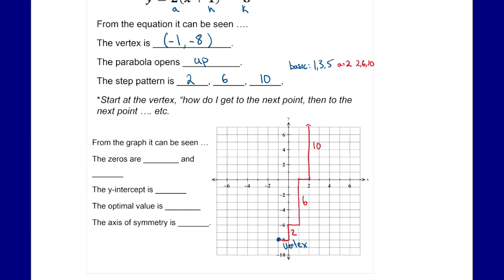And I can do the same thing on the other side. Over 1 up 2. Over 1 up 6. Over 1 up 10. And again, we won't see that part. But I can at least draw in my other points, at least the 3 or 4 other ones, and then roughly sketch what it will look like.